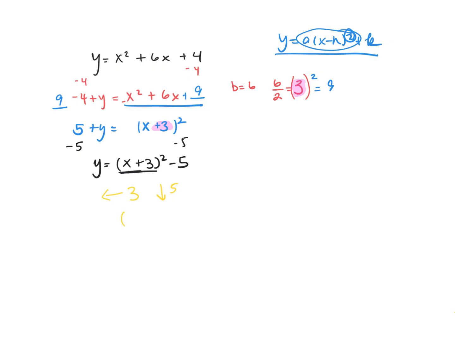So your vertex is (-3, -5). Okay, you still can use the a, what the a does, but also know that you have a y-intercept there. So you also have a point at (0, 4), so that could help you graph, and then you can find your third point off of there, okay? Because sometimes when it's a little tiny like that, it doesn't always work.